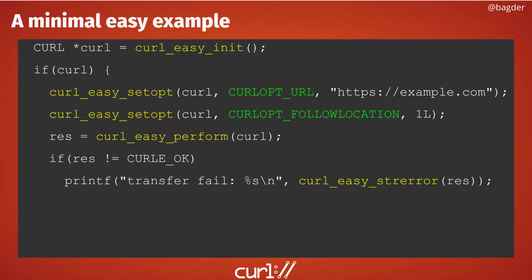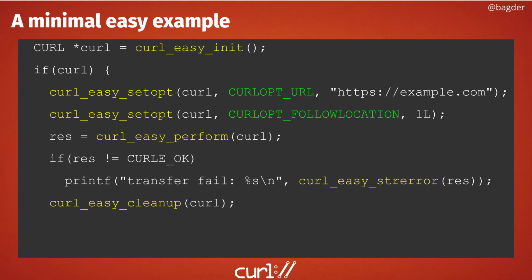So you can also provide the CURLOPT_ERRORBUFFER option to libcurl to get a more specific, more verbose error message for your particular error. This curl_easy_strerror just gives you the generic string for a particular error code. And then once you're done with the entire transfer, you don't want to do any more transfers with this handle.